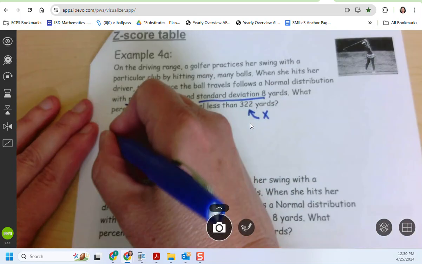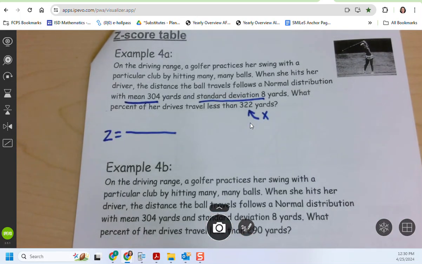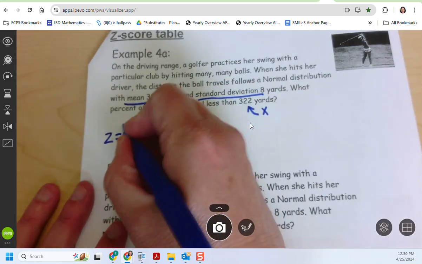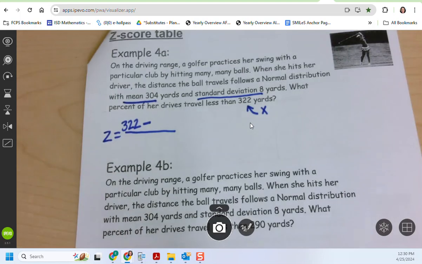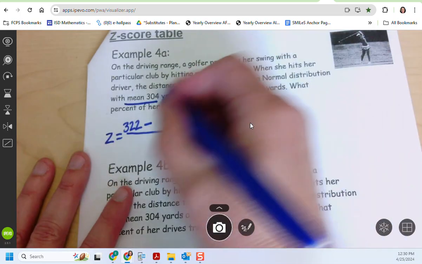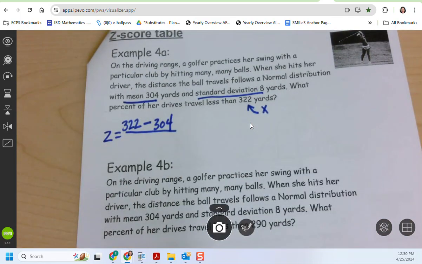So z equals, what should we put for x? What number? 322. Z equals 322 minus, what's the mean? I heard a couple answers. Very good. 304 over the standard deviation?